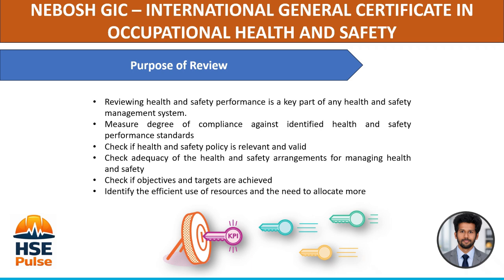It measures the degree of compliance against identified health and safety performance standards and checks if the health and safety policy is relevant and valid. Check the adequacy of the health and safety arrangements for managing health and safety. Check if the health and safety objectives and targets that are set are achieved. Identify the efficient use of resources and the need to allocate more or not.